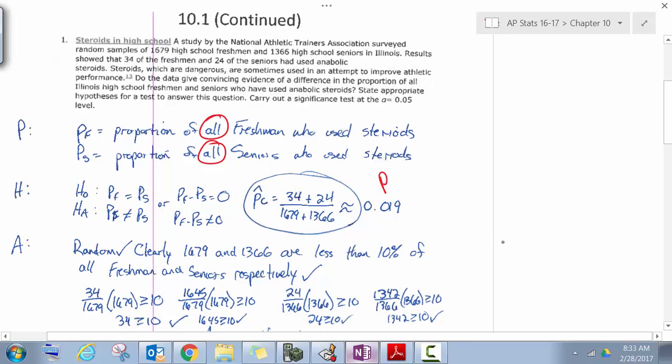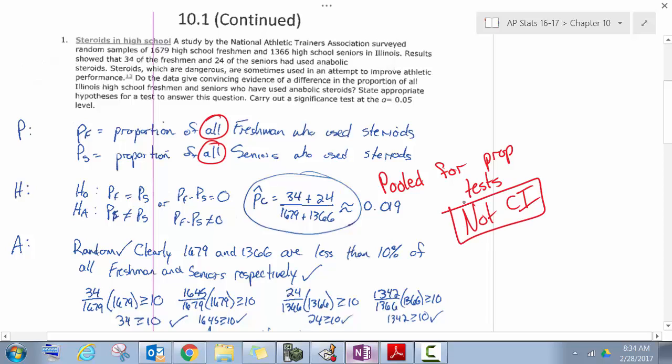Now, we use pooled for proportion tests, not for confidence intervals. So pooled means we just put them together. So it's one big fraction, 34 plus 24 over 1679 plus 1366, and we'll use that a little bit later.